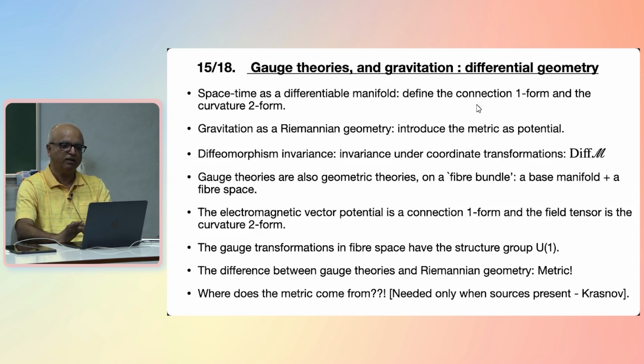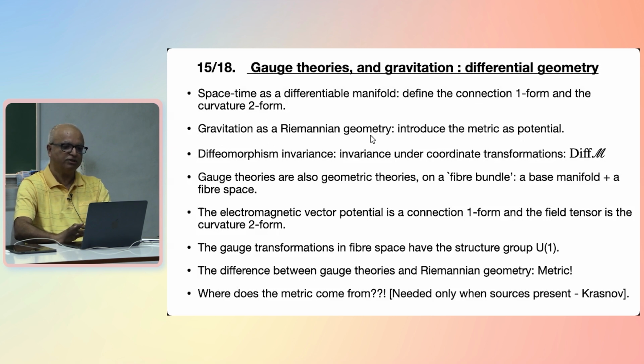We will define a Levi-Civita connection on it. So, please take these just as definitions for the future. We will define a connection one form and the curvature two form when we start differential forms. Connection one form has the same information as the Christoffel symbols, but written in a more geometric way. The curvature two form has the same information as the Riemann curvature tensor.